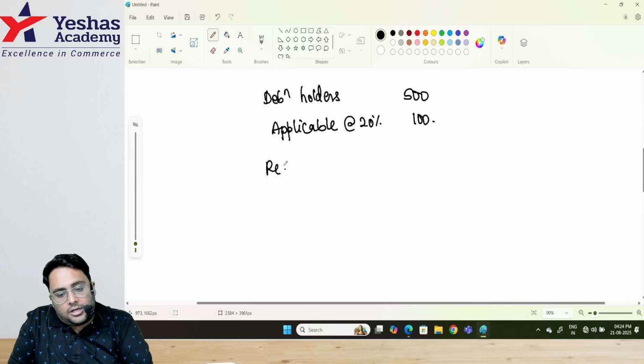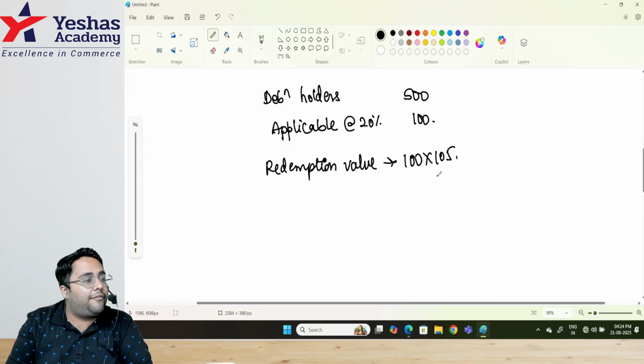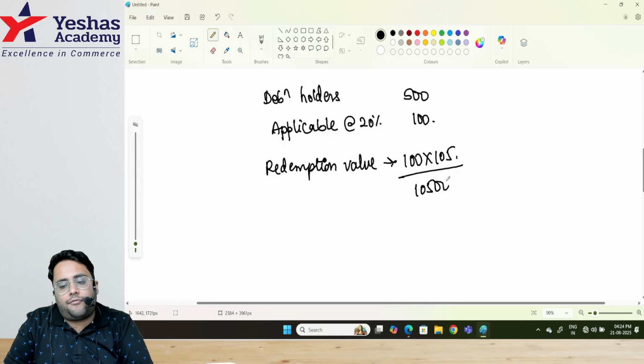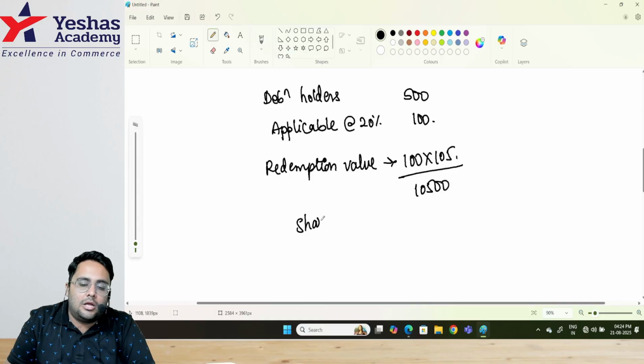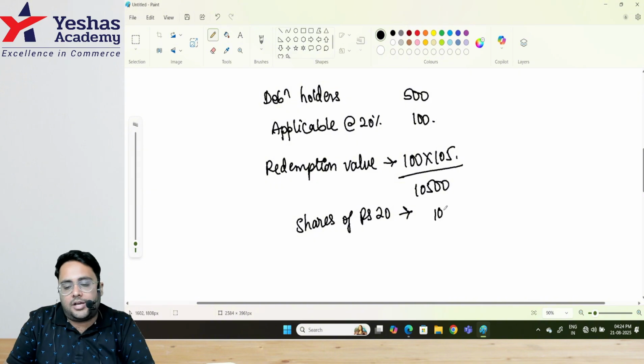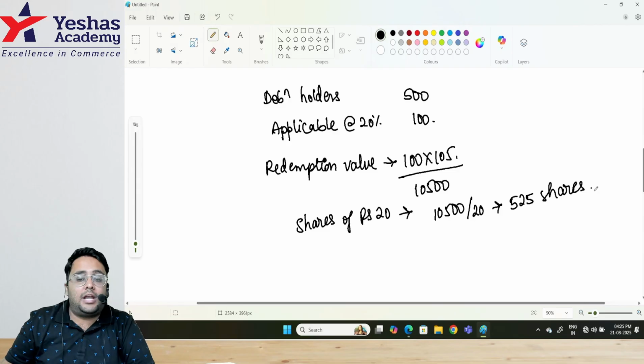Out of that, what is the redemption value? These 100 debentures will be redeemed at 105. How 105? 5 rupees premium. 100 into 105, 10,500 rupees I have to redeem. I am giving shares. Shares of how many rupees? Shares of 20 rupees. How many shares? 10,500 divided by 20, that is equal to 525 shares. I will give them 525 shares.